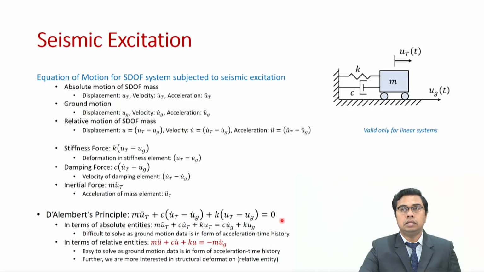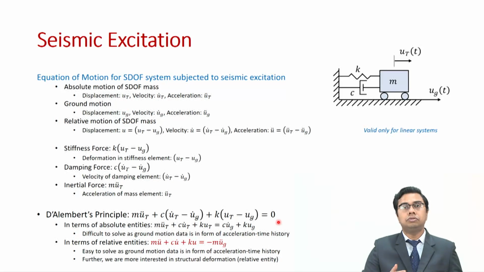Now since the excitation is in the form of the ground vibration, we do not have any force which is explicitly applied on the body. So that's why the right hand side term is equal to 0.